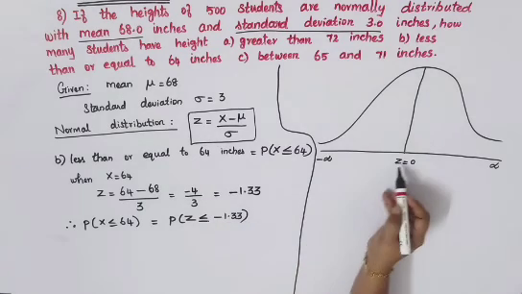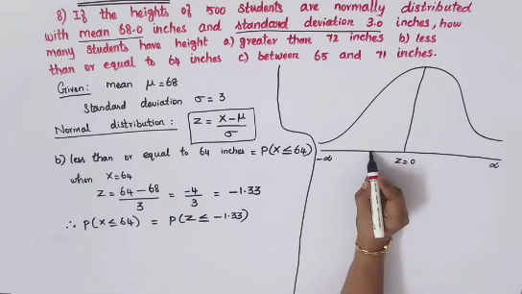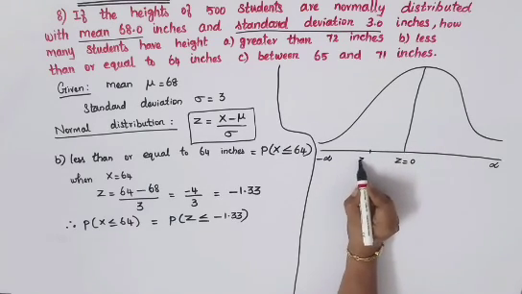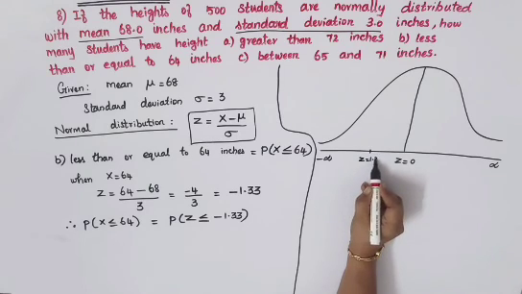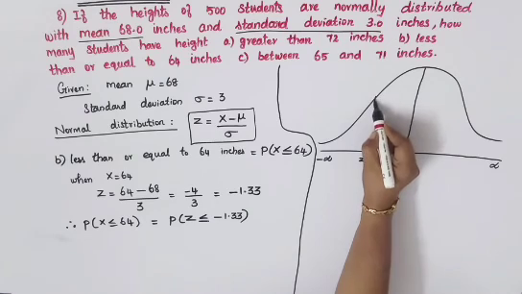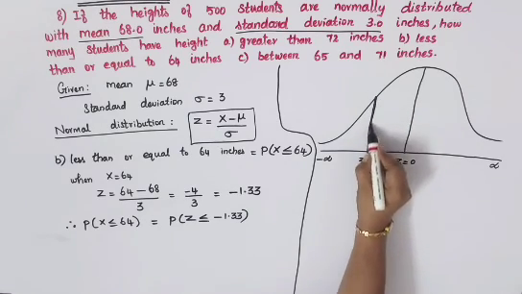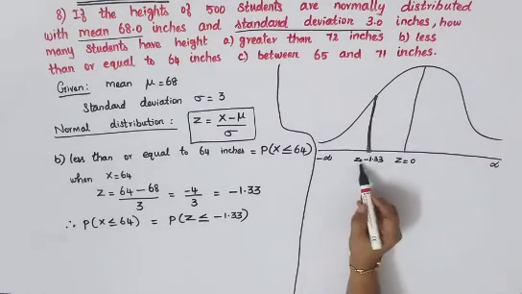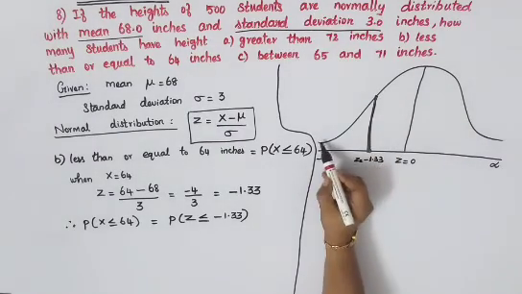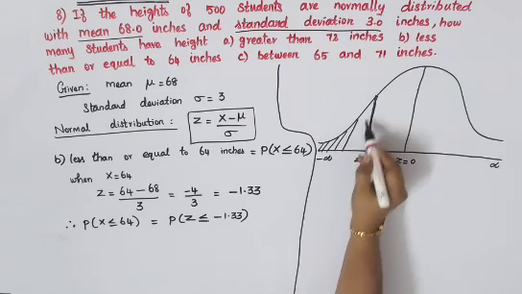Z equal to 0 means this side you will have negative values, so minus 1.33 will be somewhere here on the negative side. You can mark a line at minus 1.33. This region you will have to find, so you can shade this region.